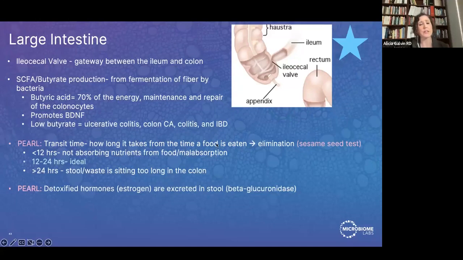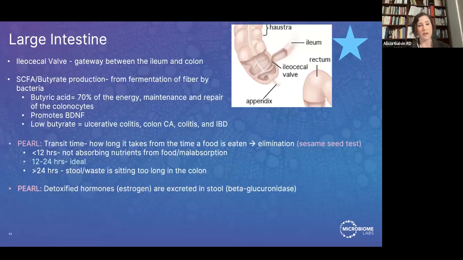But the other thing too is, and again, there's a star, you're going to be hearing more about this when we discuss more of the hormonal aspect of things, but things like estrogen can be uncoupled. When our body has decided to package up estrogen for elimination and detoxification, as it's going through the intestines, there's this enzyme that microbes will make called beta-glucuronidase that is measured in various stool tests.